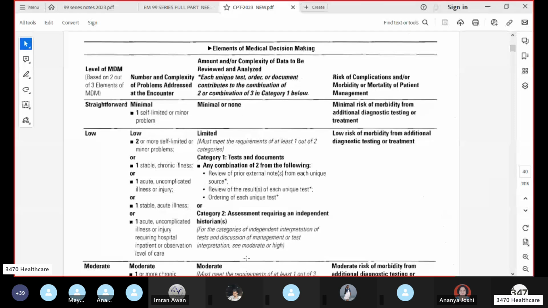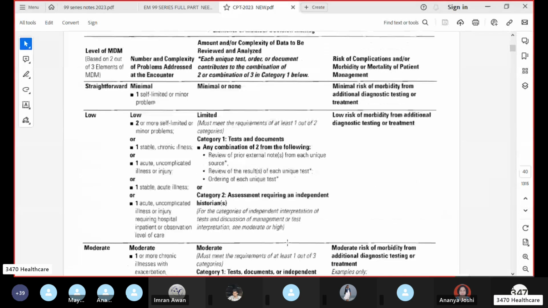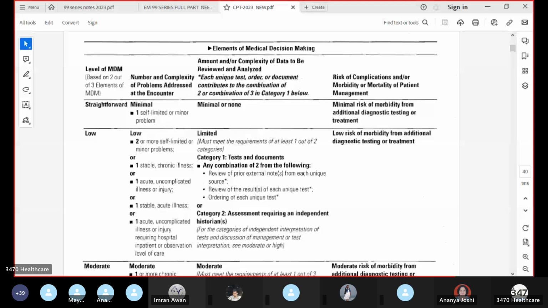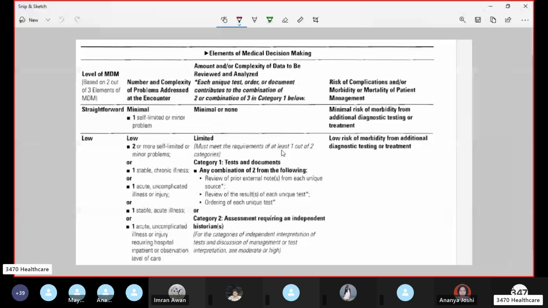In the CPT book, page number 8, the elements of medical decision making are mentioned.